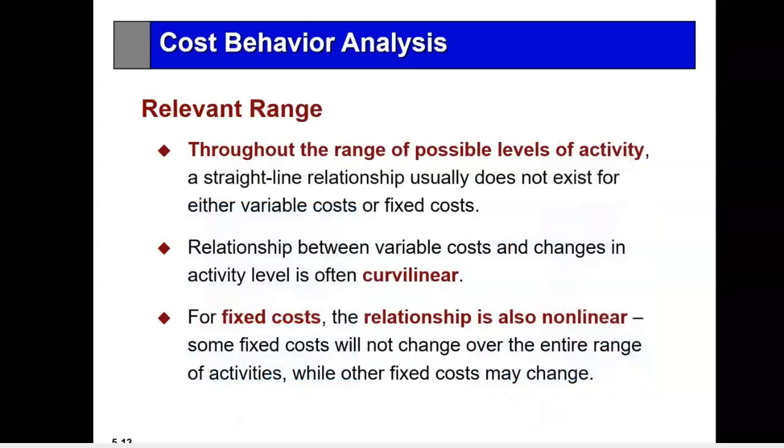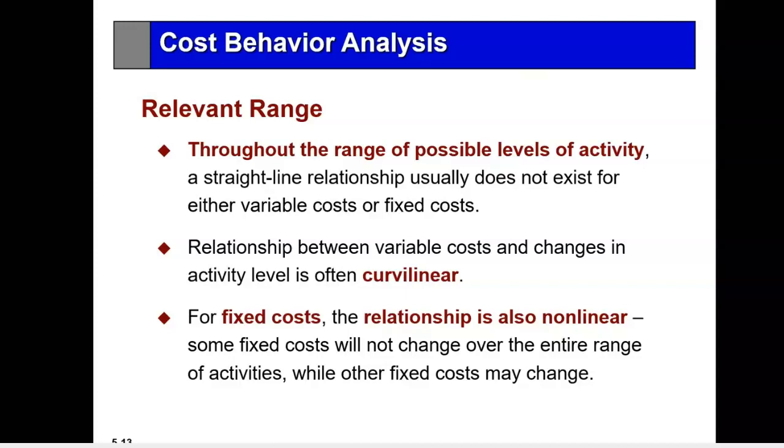Now, we have to bring in the idea of what is called relevant range. When I said that I'm producing a desk in a factory that I'm paying $20,000 for on a monthly basis, then the fixed cost would remain the same for whatever level of activity. However, when I reach the capacity of that building, let's assume the capacity is 1,000 desks, if I want to produce more, I can't without adding a lot more fixed costs.